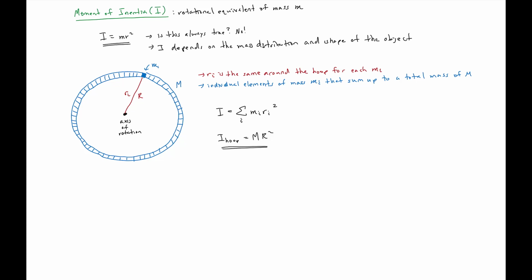But what about a solid disk? If we have the same total mass m and form a uniform disk of the same radius r, the moment of inertia, as expected, would be different. Why? Let's draw this here.